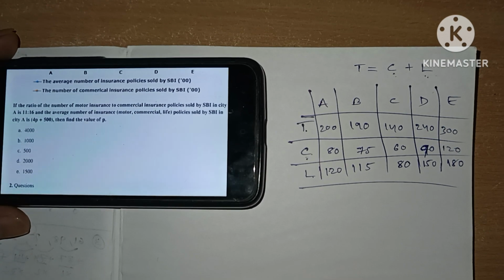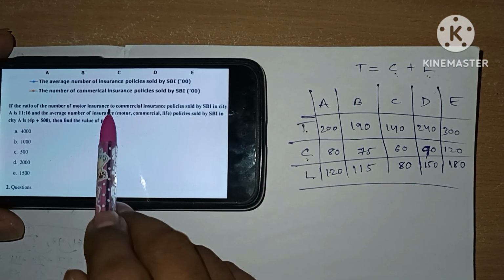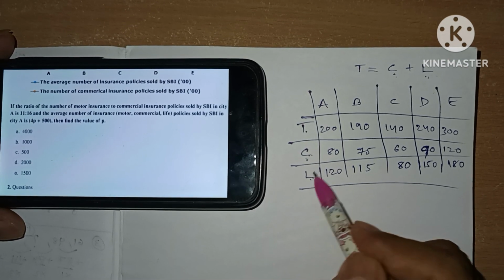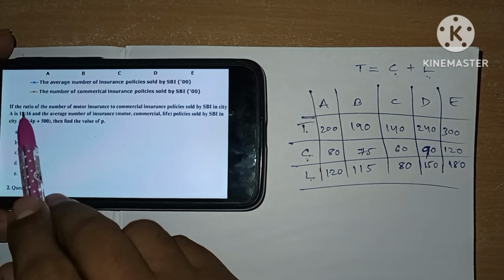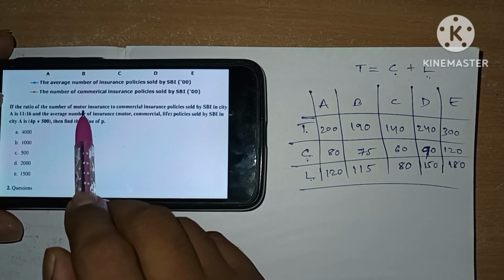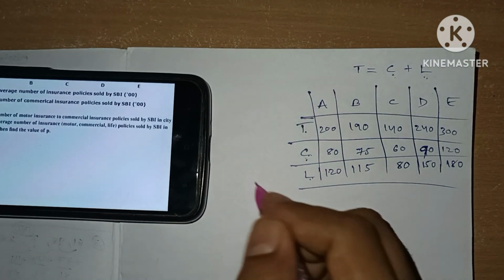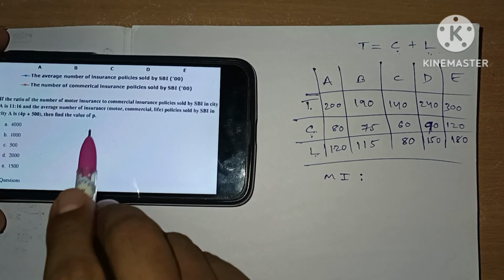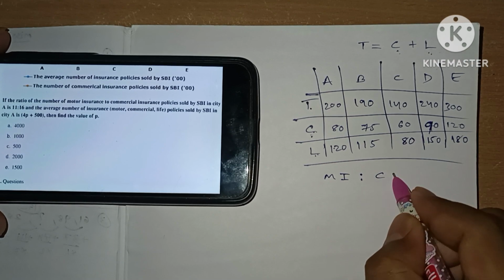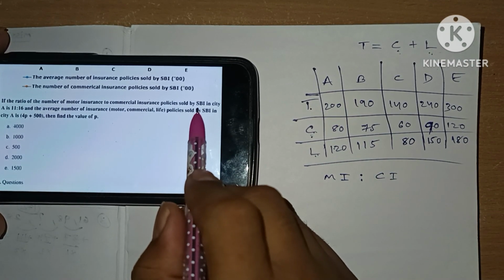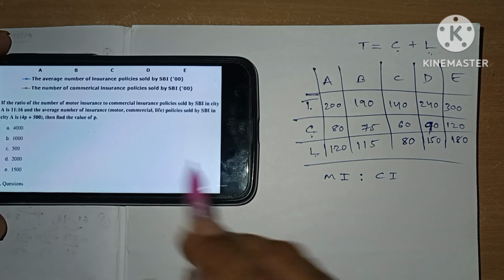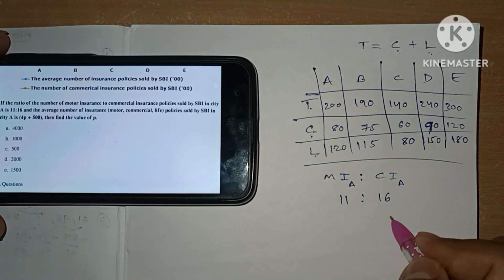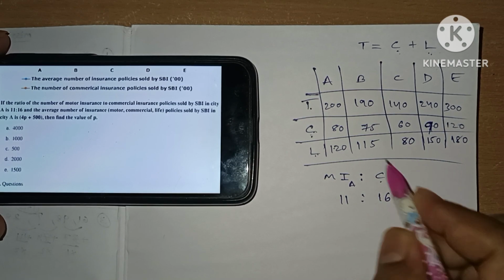First question: the ratio of the number of motor insurance policies. Here we don't have any motor insurance, only commercial and life insurance, but the question talks about motor insurance. The question says the ratio of motor insurance to commercial insurance policies sold by SBI in city A is 11:16.